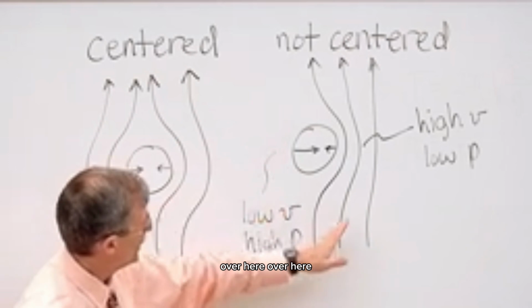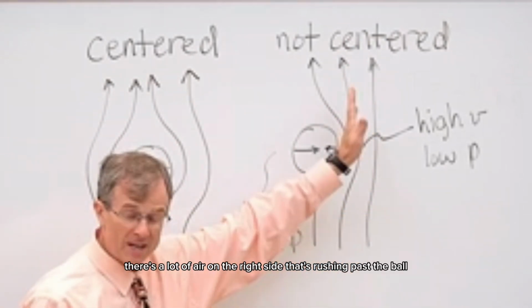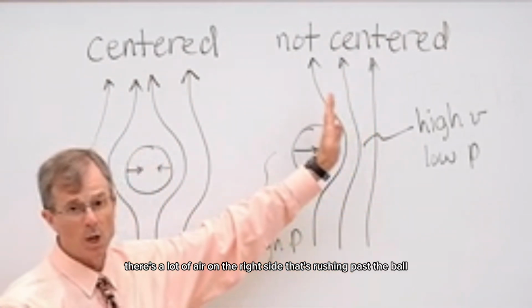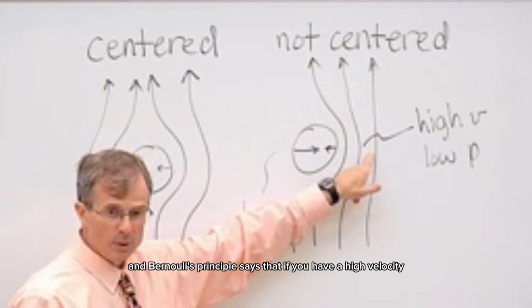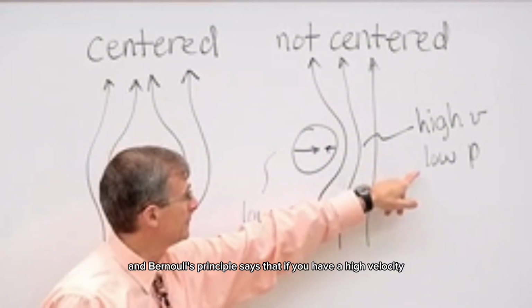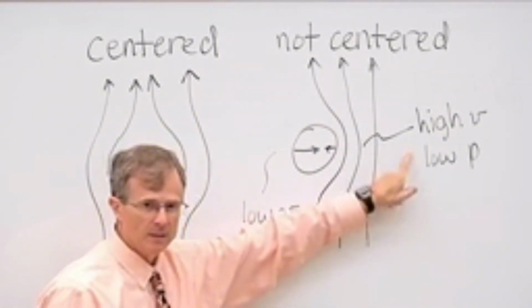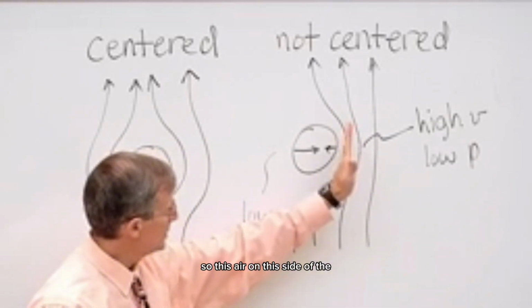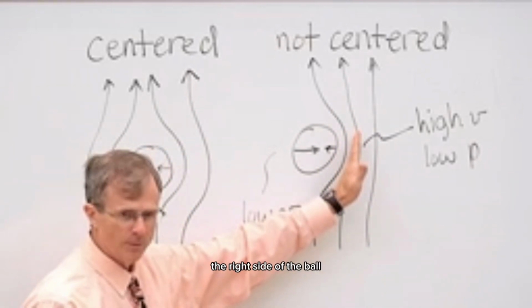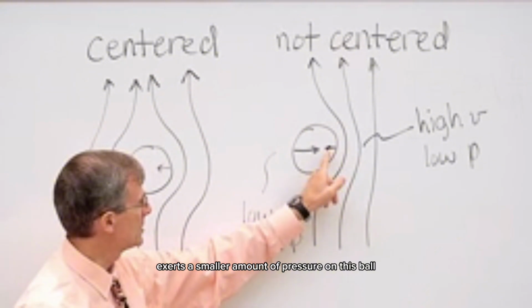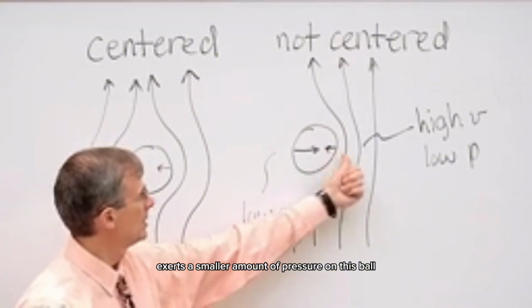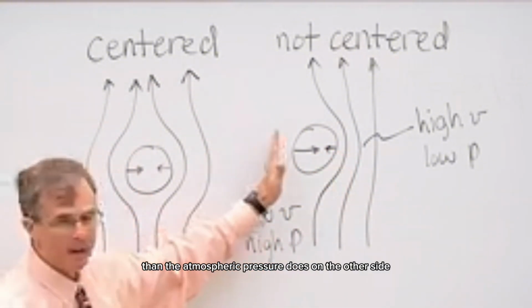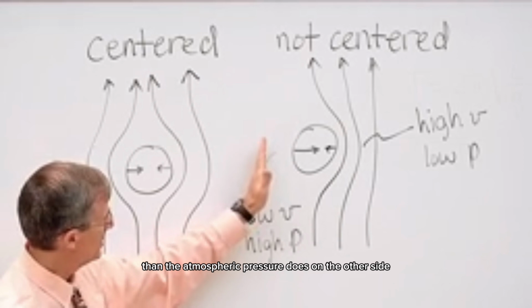Over here there's a lot of air on the right side that's rushing past the ball. And Bernoulli's principle says that if you have a high velocity, a high airspeed, then you have a low pressure. So the air on the right side of the ball exerts a smaller amount of pressure on this ball than the atmospheric pressure does on the other side.